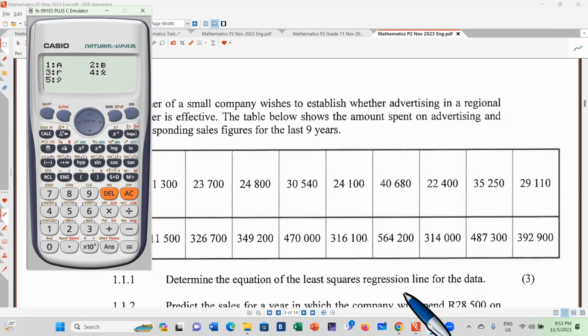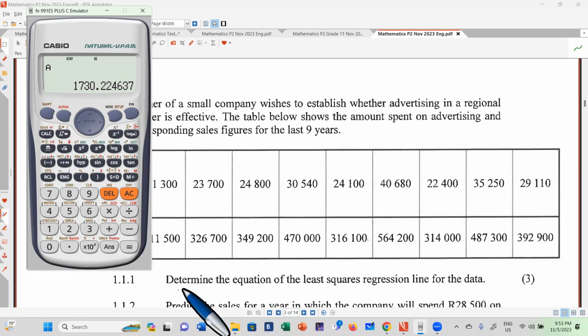Right, to find the regression line, there are a couple of things you need to note: we are looking for the A and the B in particular. So we need to first find A. A is 1. You can see that A is 1730.